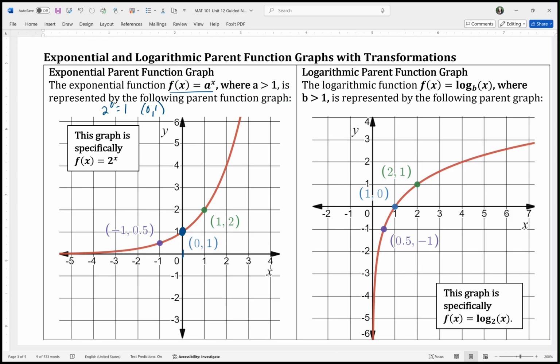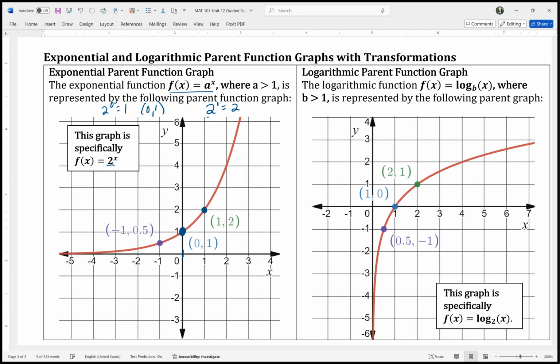As we had many reference points that were normally 0, 0, here this is the one we care the most about because it applies no matter what this base is. If that was 3 to the x, 3 to the 0 is 1. So no matter what the base is, you're always going to have this 0, 1 point. Now, your other point here, 1, 2, comes from the base because your x value is 1. So if I do 2 to the first power, I'm getting out 2.